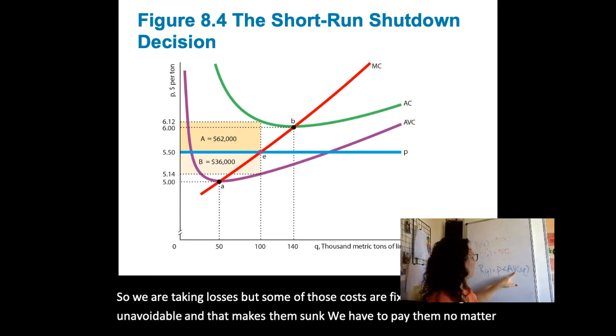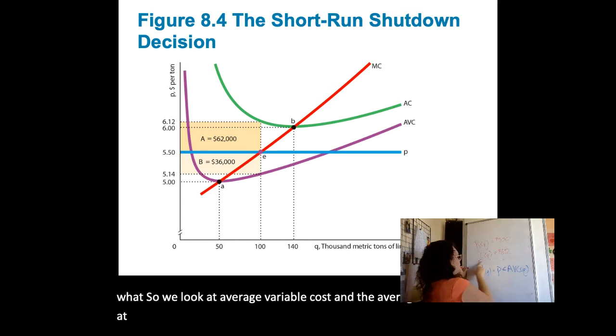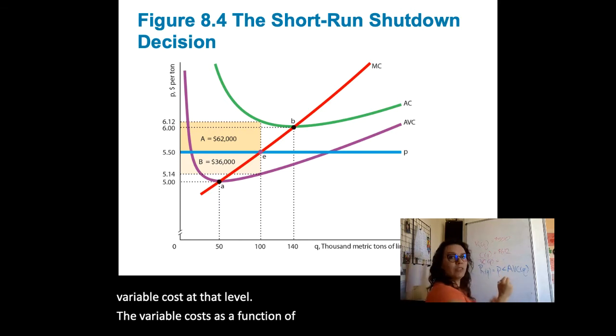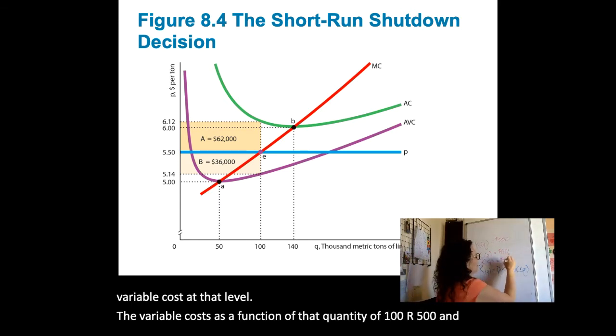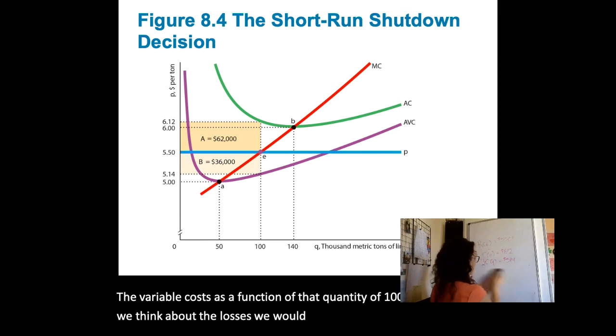So we look at average variable cost, and the variable costs as a function of that quantity of 100 are $514.